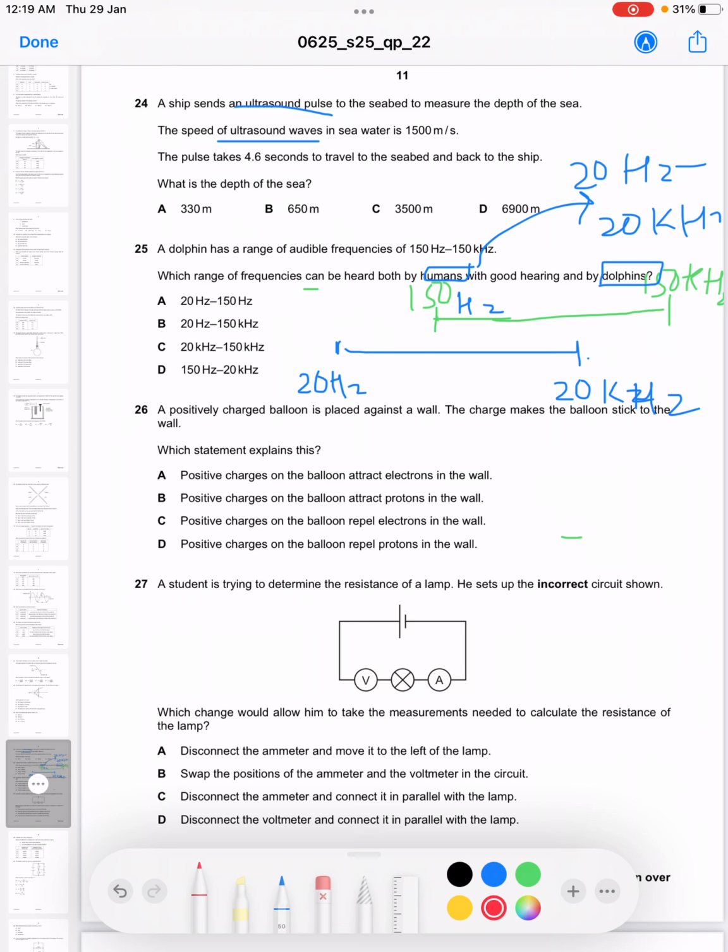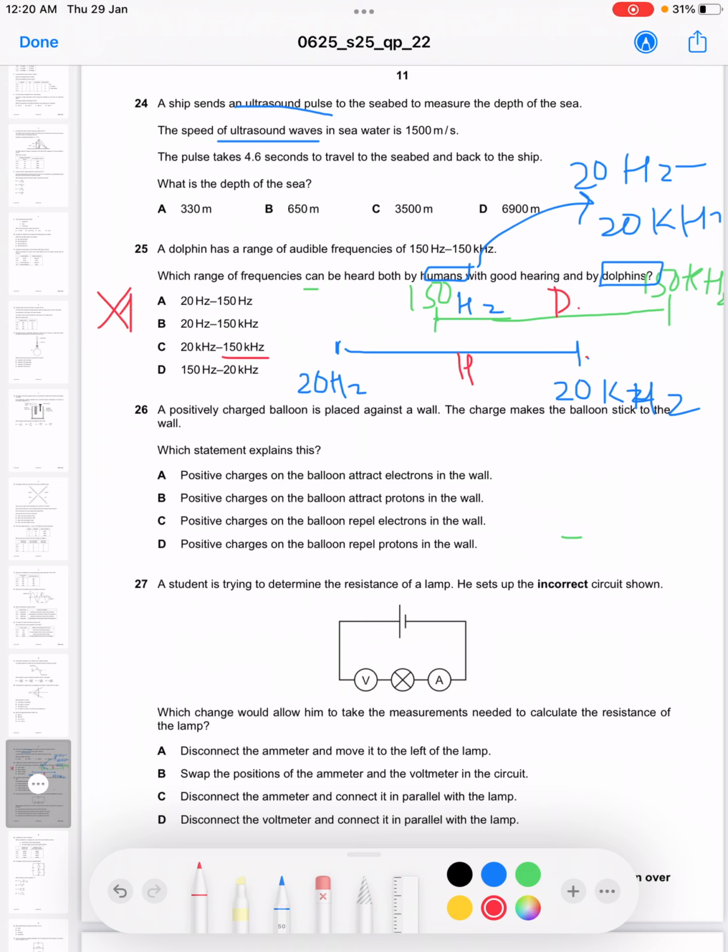If I talk about options A and B, they are starting from 20 hertz. No, it is not possible because 20 hertz is not audible for the dolphin, right? Now come to 20 kilohertz. It is audible for both of them, for dolphin and for human.